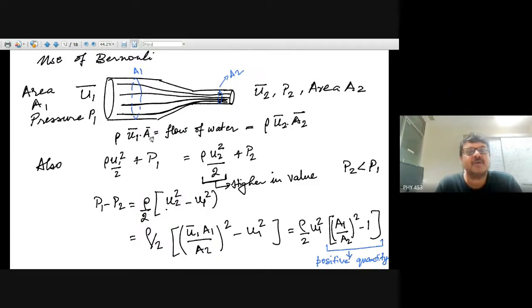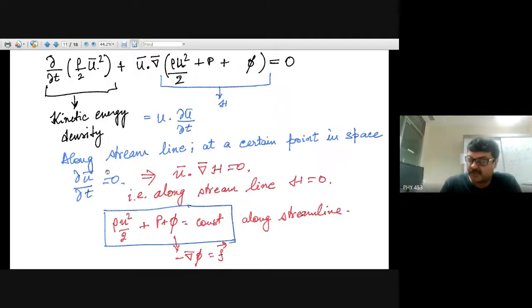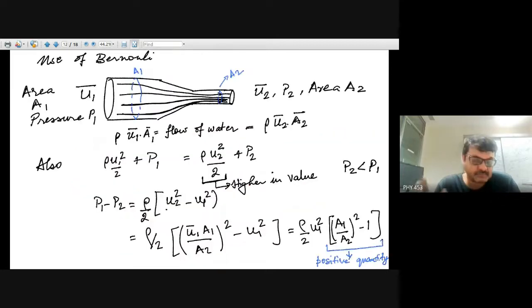So the velocity field u1 into A1 equal to u2 into A2, right? So that has to be conserved because there's a steady state, mass of water cannot disappear. And a consequence of that, since you have this relation, you can also write down the Bernoulli equation, which always holds true as long as these three conditions hold: streamline, steady state, incompressible fluid, inviscid fluid. Then you have this relation.